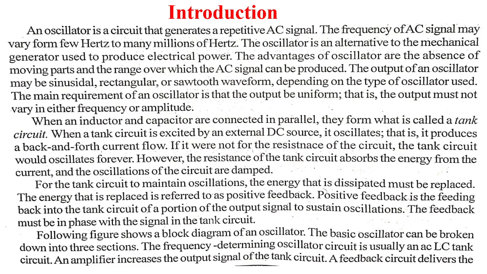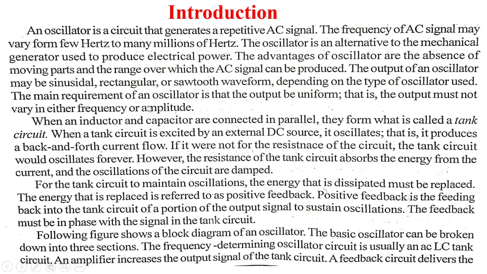The advantages of an oscillator are the absence of moving parts and the range over which the AC signal can be produced. The output of an oscillator may be sinusoidal, rectangular, or sawtooth waveform, depending on the type of oscillator used.